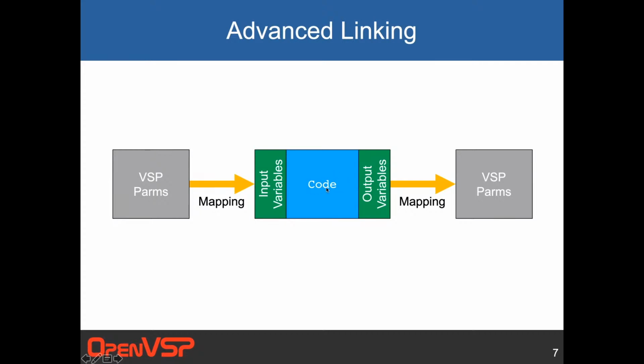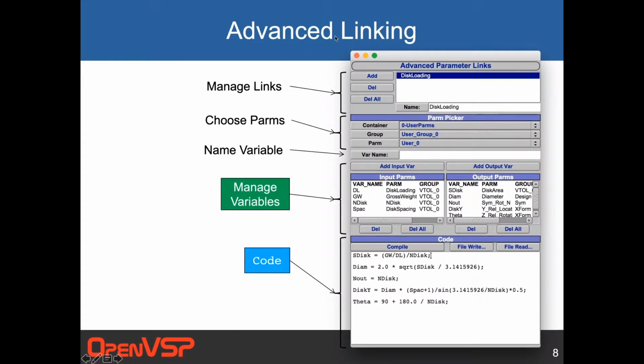Then there's the code. What do you actually want to be calculated? And then there are the output variables, again named quantities in code that then get mapped to the VSP parms. So this is the process for advanced linking. You're specifying this mapping on the input and the output side, as well as what code happens.